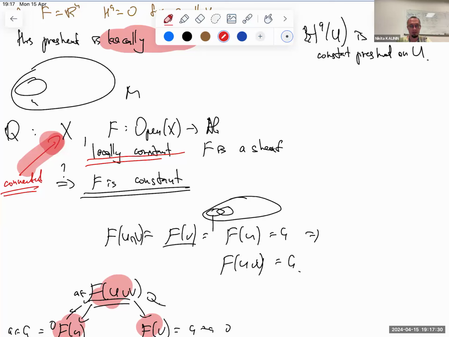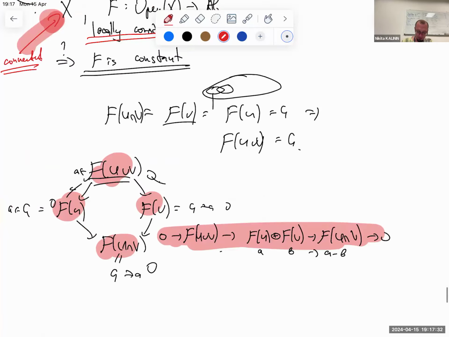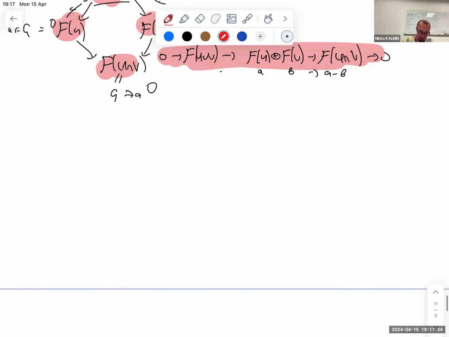Okay, so anyway, if we have a pre-sheaf, then we can define cohomology. How to do it? In a very similar way as we did it for Čech cohomology last time.